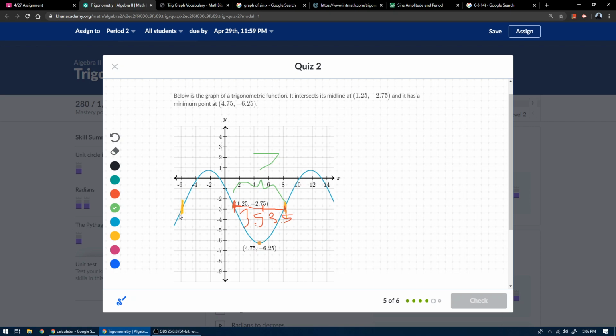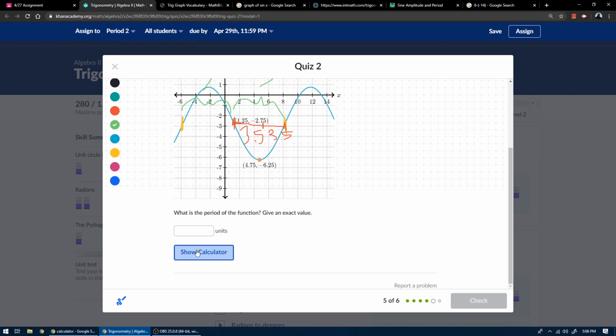What do you think the whole thing is? If half a cycle is 7, then the whole thing must be 14. And you see here that it ends at about 8. It starts at about negative 6.